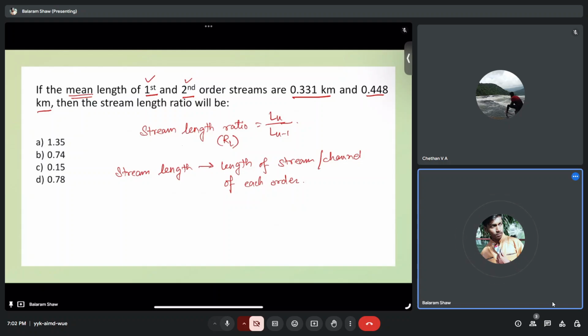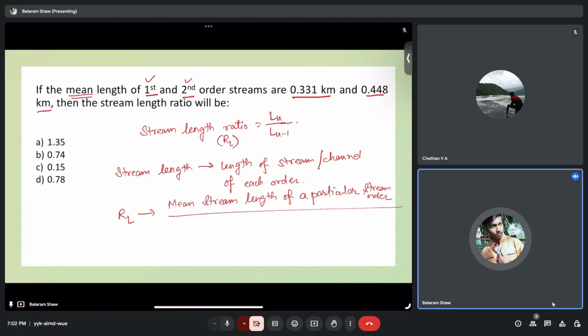So the stream length ratio RL is the ratio of the mean stream length of a particular stream order, divided by the mean stream length of the next lower order.